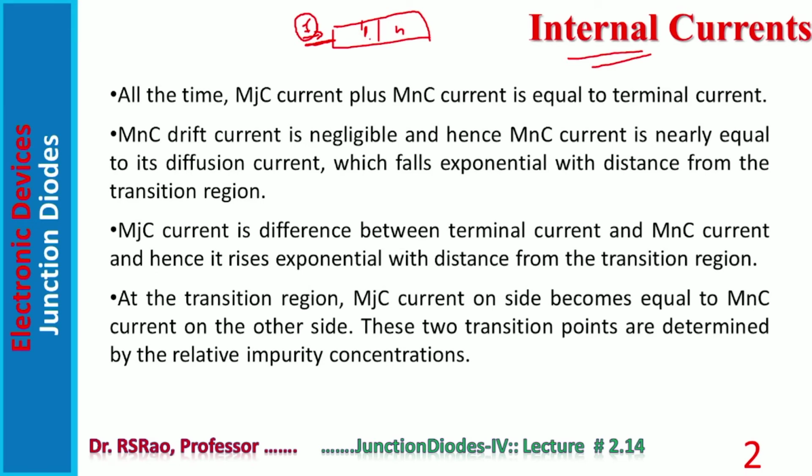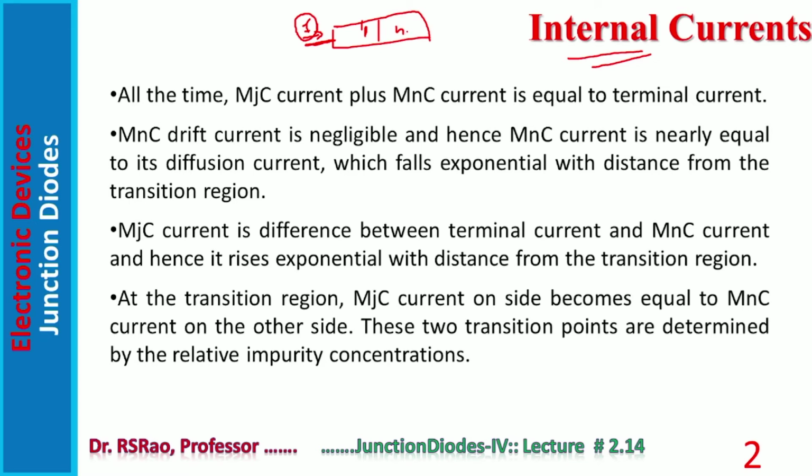Similarly, the current that has passed through P region enters into N region. In N region also, the current can be considered as consisting of two parts: one part due to flow of electrons, another part due to flow of holes.